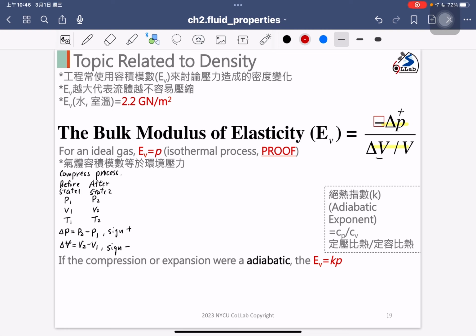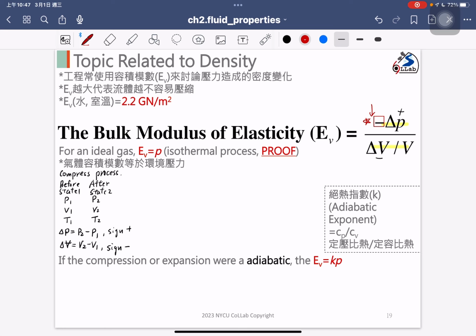We want to keep the bulk modulus positive, so there is an additional minus here. That's the reason you see an additional negative sign in the definition of the bulk modulus. So this is why we define the bulk modulus based on this equation.